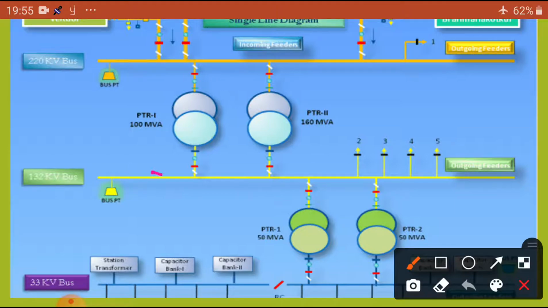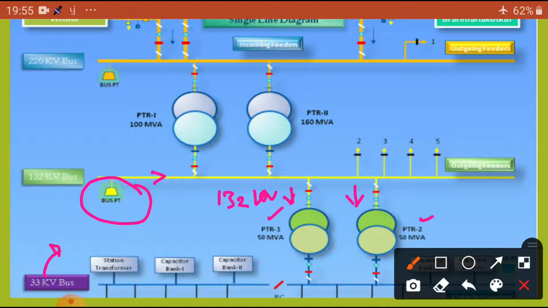The 132 kV voltage, we are going to check with the help of the bus PT voltage. Here we can see these 2 feeders coming to PTR1 and PTR2, which are 50 MVA and another 50 MVA transformers, where the voltage is stepped down from 132 kV to 33 kV.